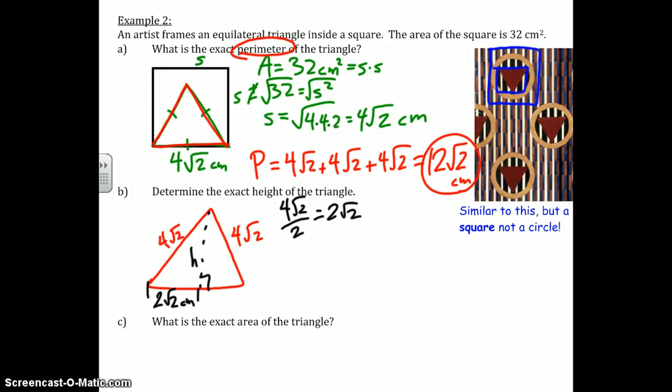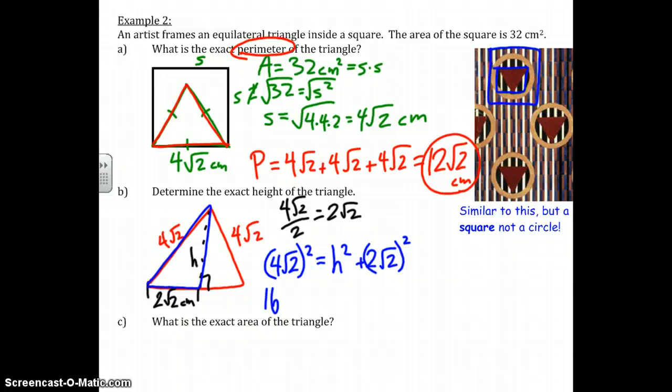Then we can just use Pythagoras, because now we've got a right triangle here, and we know two of the sides and don't know the third one. The hypotenuse is 4 square root 2, so 4 square root 2 squared equals h squared plus 2 square root 2 squared. Simplifying and solving for h, this becomes 16 times the square root of 2 squared.